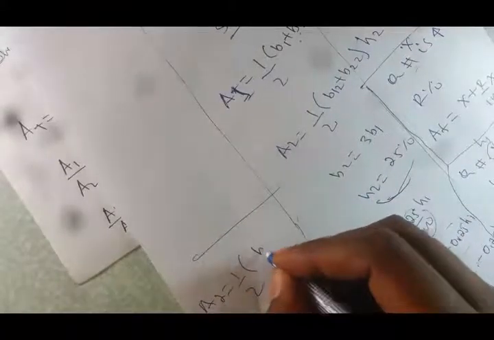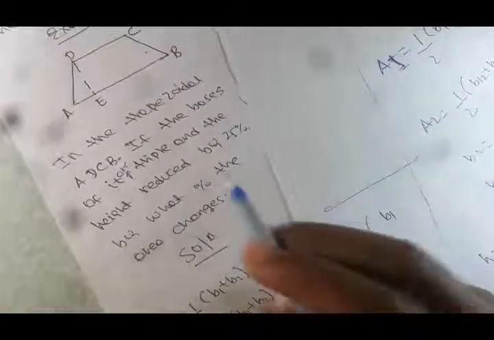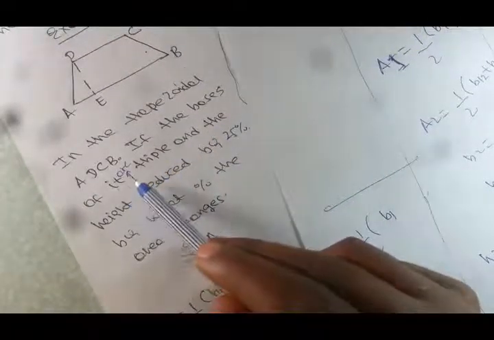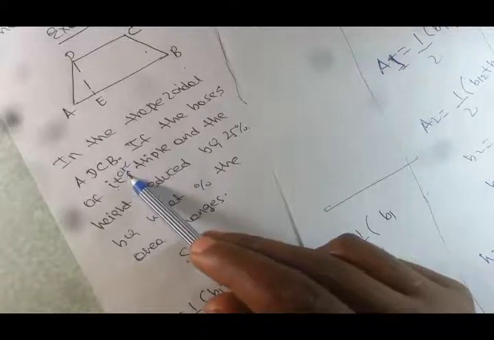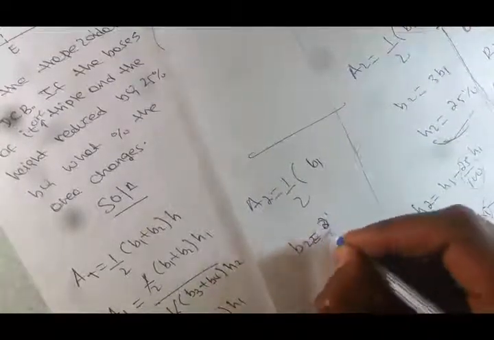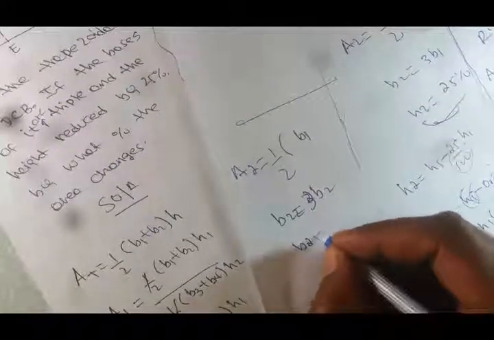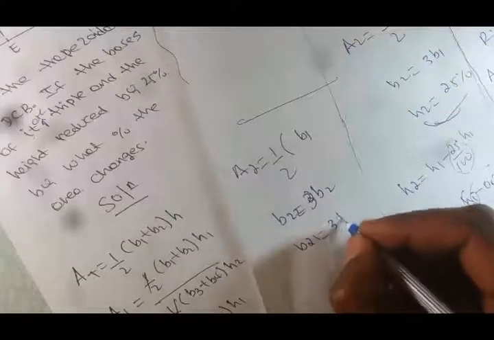Therefore A2 is equal to 1 over 2 times, we are already given B1, and we are given that the base is tripled, that means B2 is equal to 3 times B1.